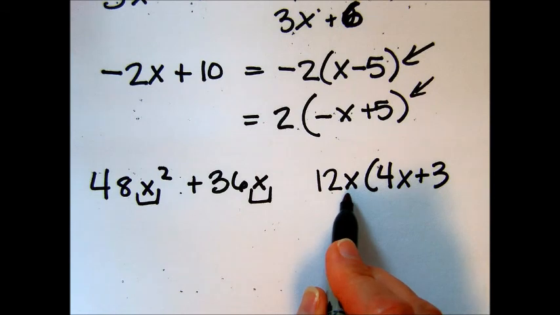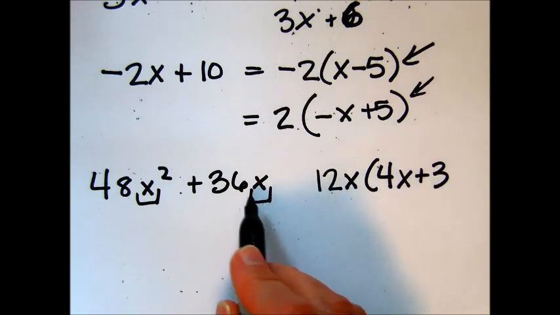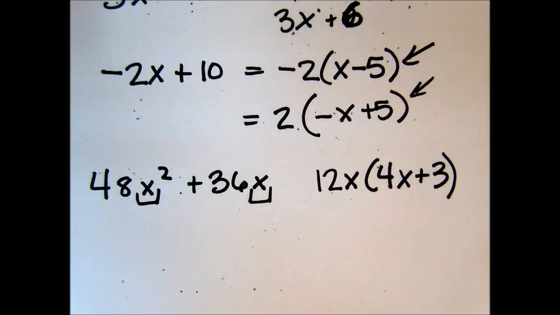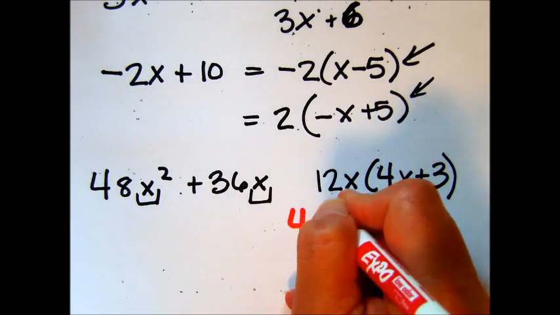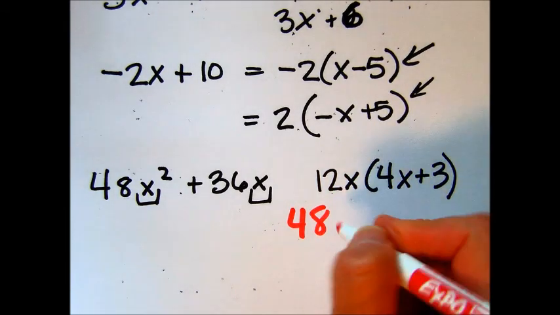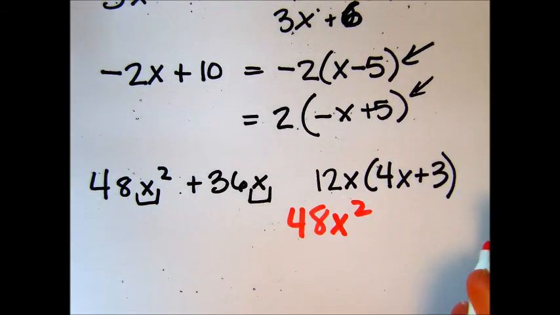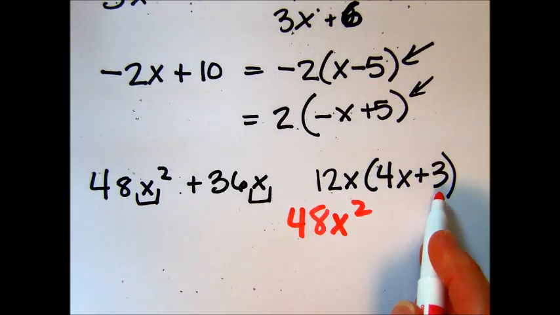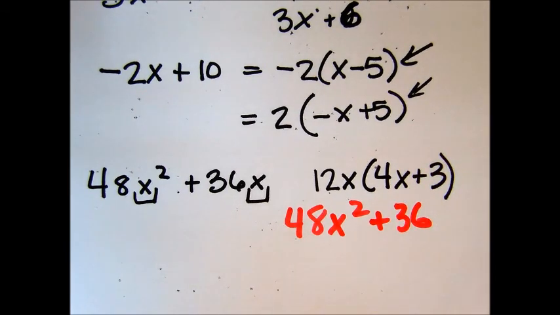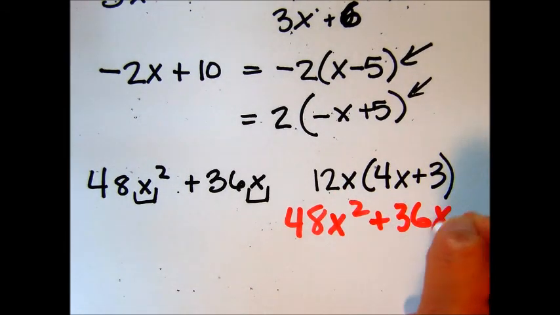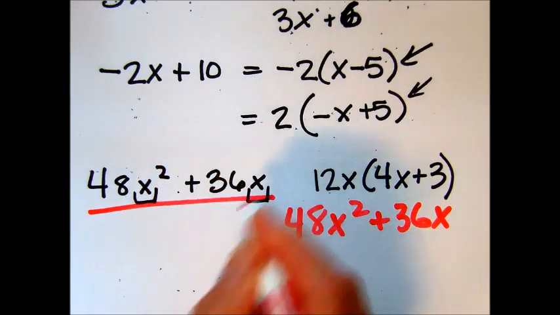Now x divided by x, that's going to cancel it, so we're just going to keep it at the 3. And if you don't believe me, go ahead and double check. 12 times 4 is 48. X times x is x squared. 12 times positive 3 is plus 36, or positive 36 times the x. And that's what we started out with.